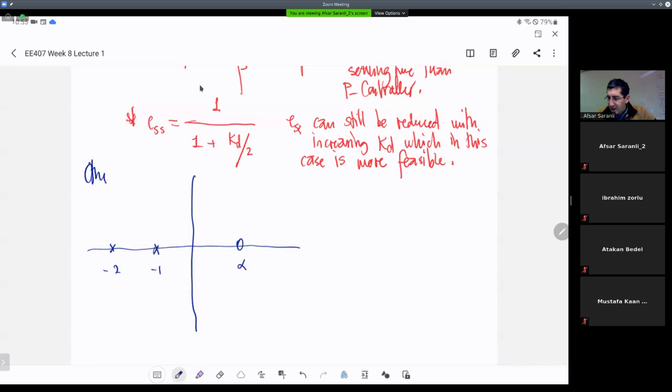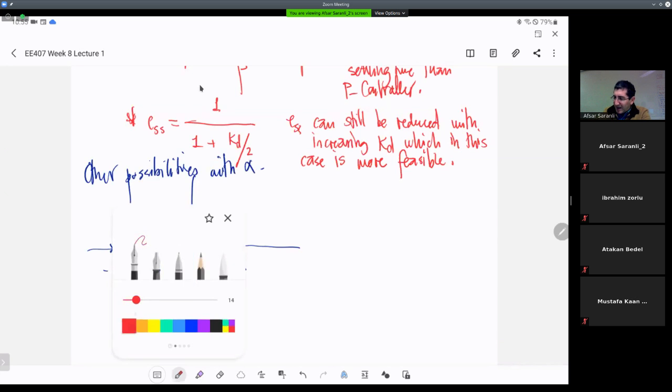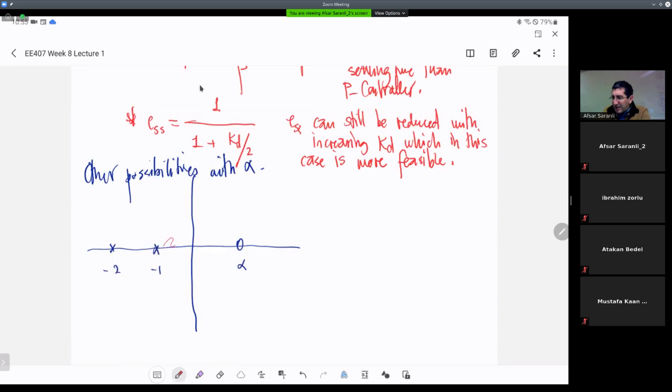Let's say other possibilities with alpha. Now, same thing happens. The number of asymptotes do not change. Okay, but see what's happening with the other aspects of the root locus, right? The real axis part of the root locus now is this region and this region.